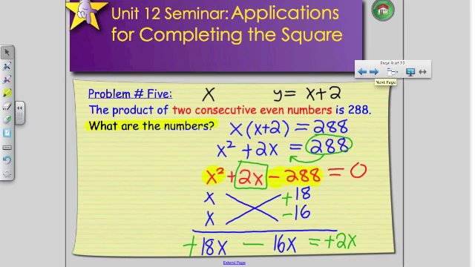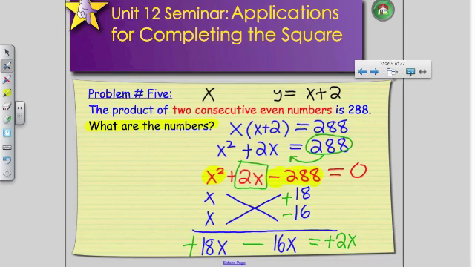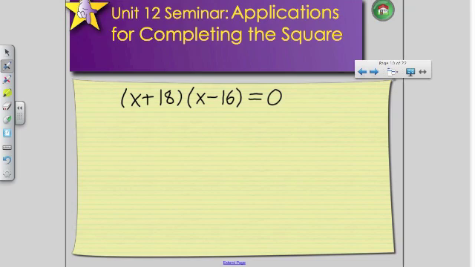So it's a very similar process to the last question. I'm going to take my two binomials, x plus 18 and x minus 16, equal to 0. Have the two binomials, set it equal to 0, and now I'm going to solve for x.